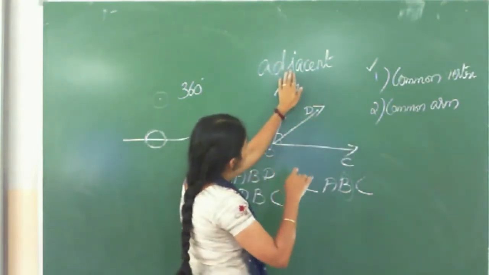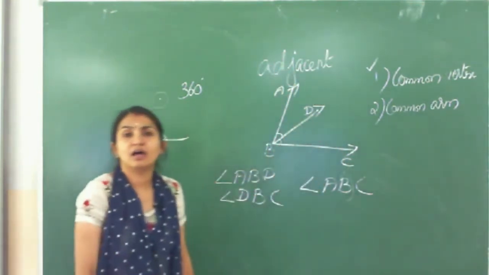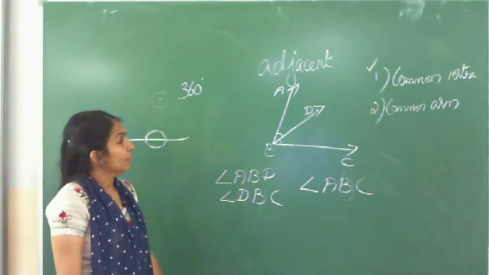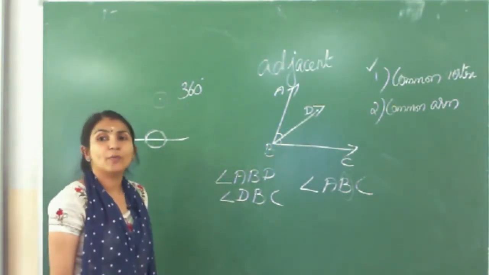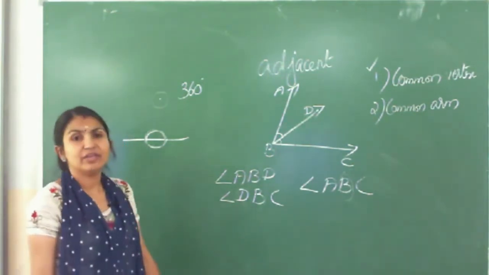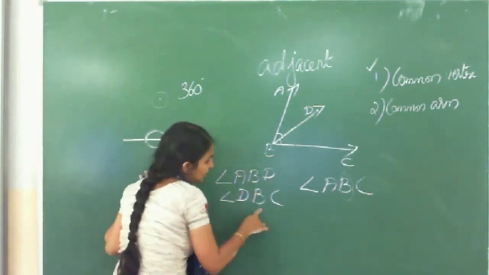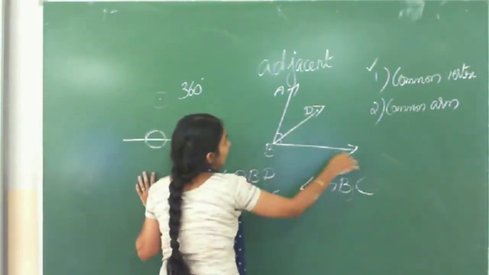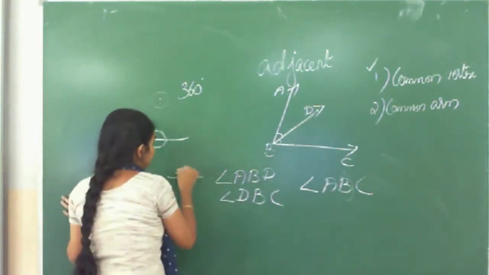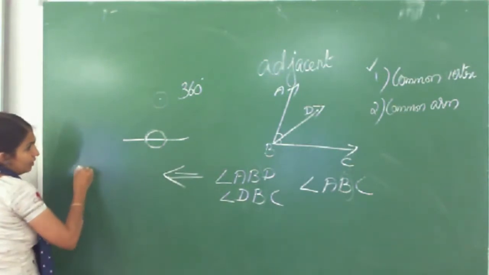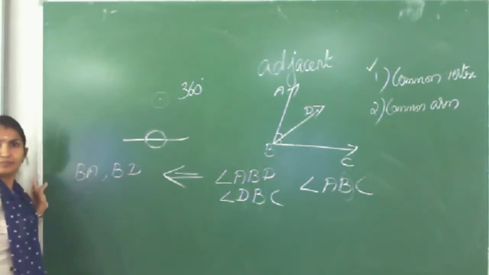In the case of this angle, BD and BC are the 2 arms. What is the second criterion? It is having a common arm. Which are having common arms? When we consider ABD and DBC, these angles' arms are BA and BD, right?